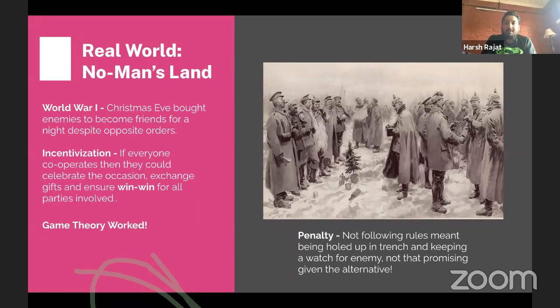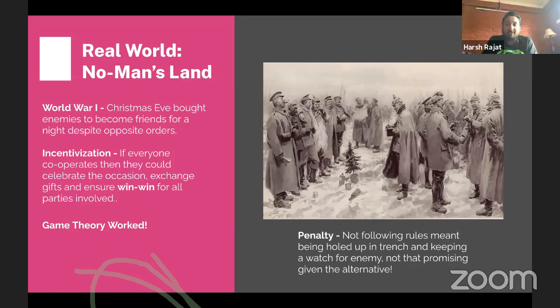But along came Christmas Eve, and all of a sudden these two enemies became friends, and they celebrated Christmas Eve together. They exchanged gifts. They were not keeping an eye on the enemy because at that point of time they were now friends.